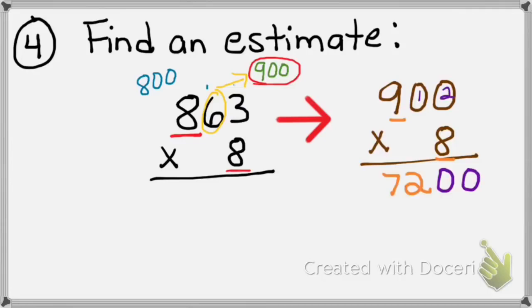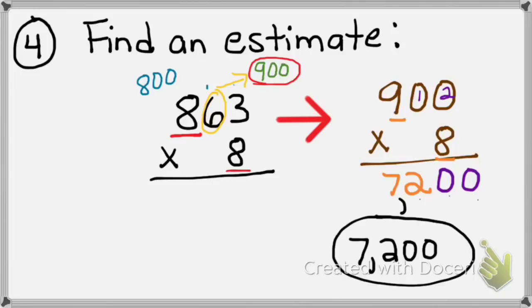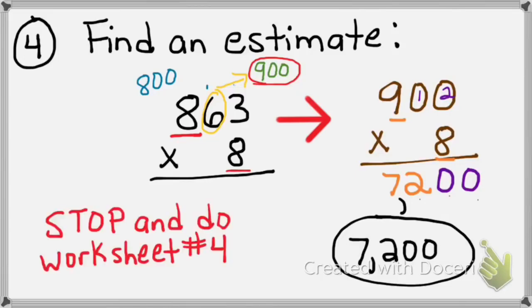I have 2 zeros, so I tack on my 2 zeros. This is a whole number with more than 3 digits, so I'm going to count back 1, 2, 3, comma. And my final answer is 7,200. 863 times 8 is about 7,200. Please stop the video and complete worksheet number 4 right now.